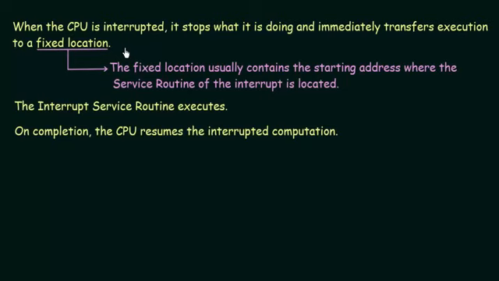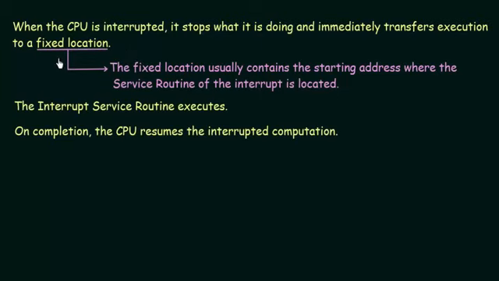So the CPU is already doing some work, and then it gets an interrupt from either hardware or software. When the CPU is interrupted in that way, what does it do? It stops what it was doing, and then it immediately transfers execution to a fixed location.